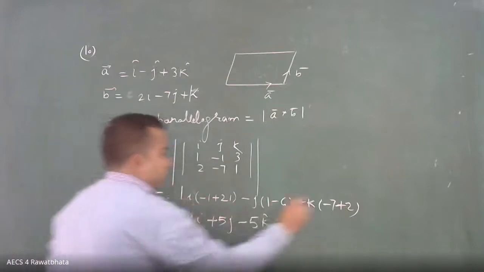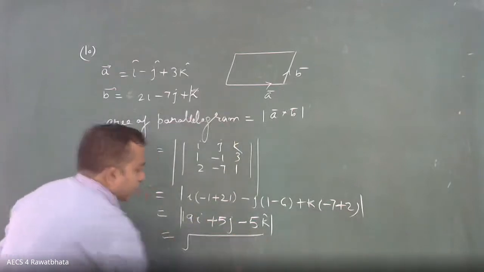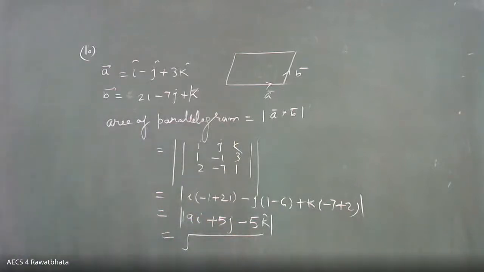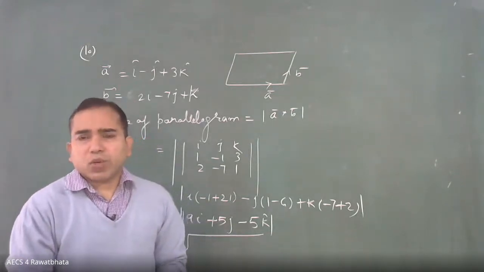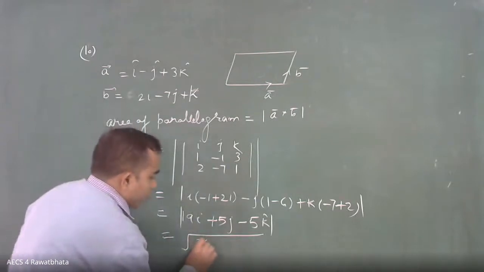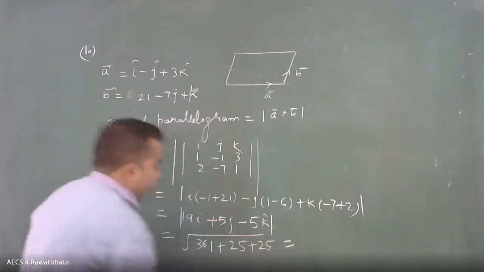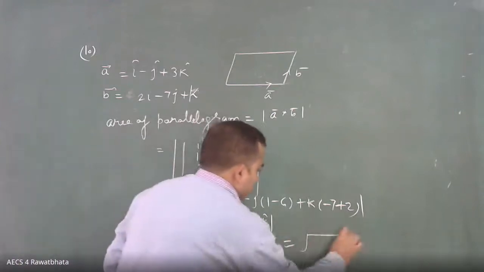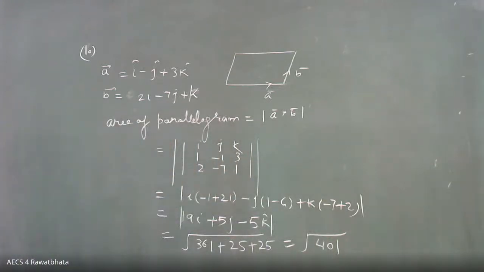And the magnitude. Students, is this right? Check the answer. 19 square, how much, students? 19 square, how much? 361 plus 25 plus 25. 361 plus 50 is how much? 401. Yeah, 400.